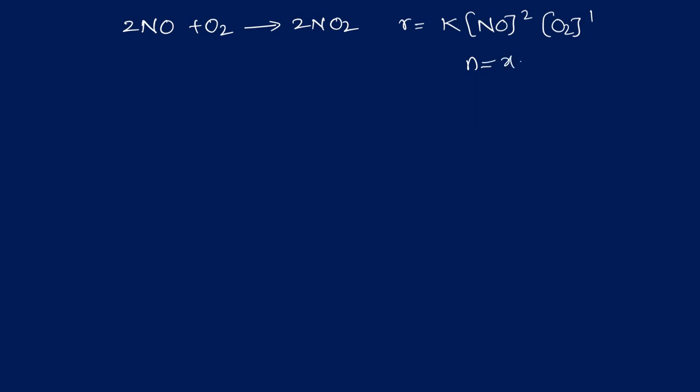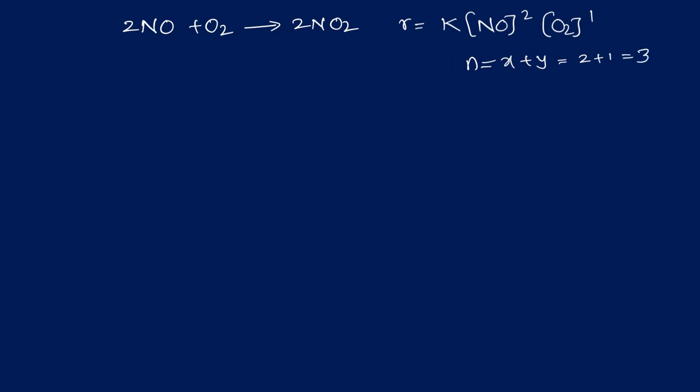Example: 2NO plus O2 gives rise to 2NO2. Rate law is equal to k [NO] power 2 [O2] power 1. Therefore here n is equal to x plus y, that is 2 plus 1 equal to 3.